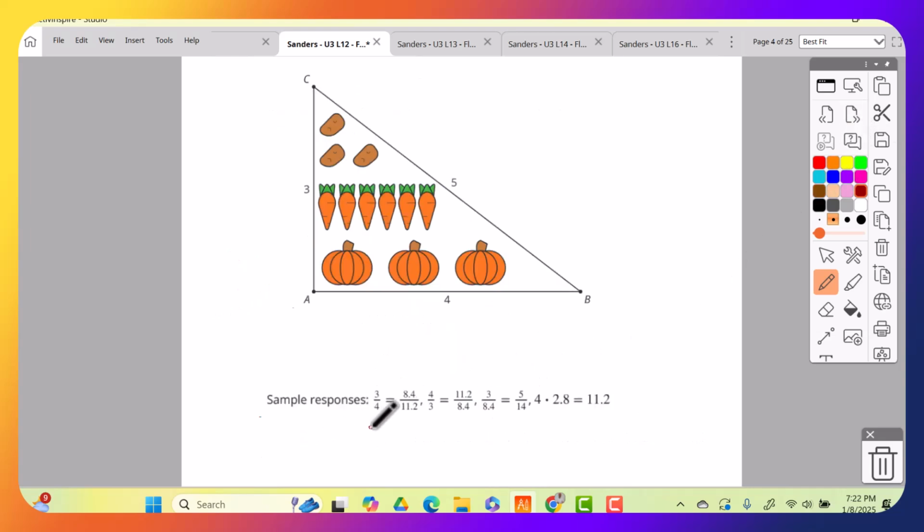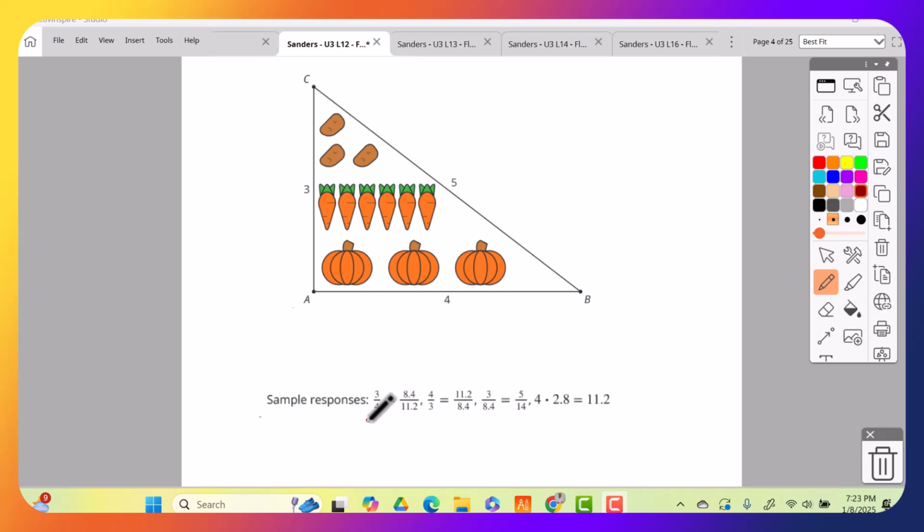Okay, sample responses, 3 is to 4. You can also have 4 is to 3, and you can have 3 is to 5, and 4 is to 5. But these are just a few of the possible answers. 3 is to 4, 3 is to 5, 4 is to 5, 4 is to 3, 5 is to 3, 5 is to 4, and you would get these various values here.